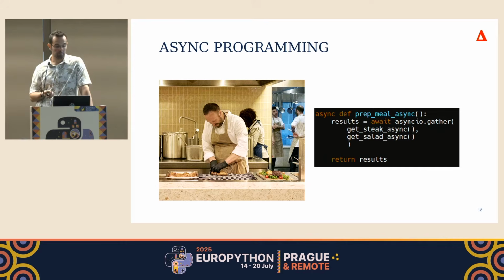But what about async? Async brings a nice solution to this problem. It's a nice model for handling I/O-bound tasks more effectively. The focus here is on multitasking, but not parallelism. It's not about doing things at the same time. It's about breaking things down into smaller chunks, and those smaller chunks are still executed sequentially, most likely on a single thread.